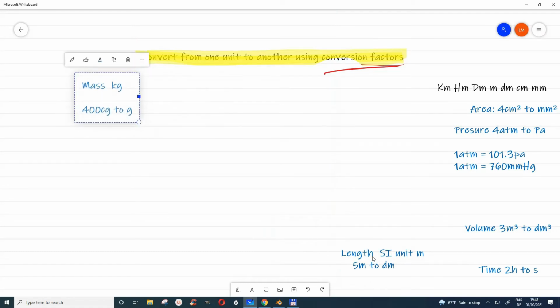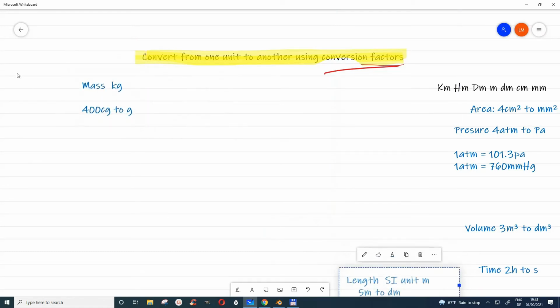Now the question in mass we have here is that we are to convert 400 centigrams to grams. Now if you think of it, it's the same thing. The order is the same. We have milligrams, centigrams, decigrams. So we have centigrams to grams. So we have 100. So we know that 100 centigrams make a gram.